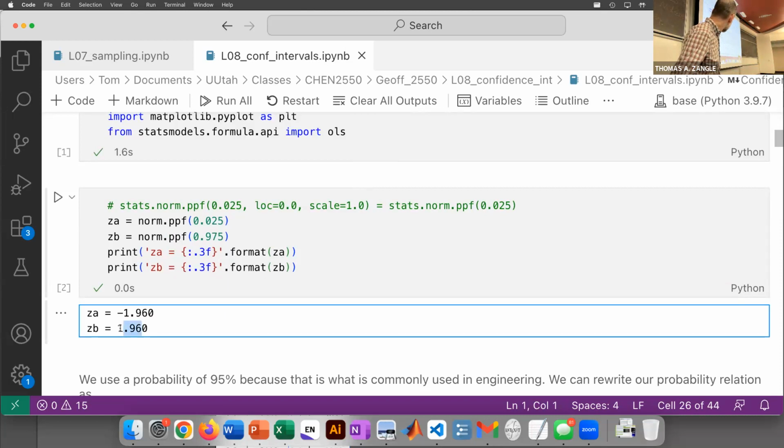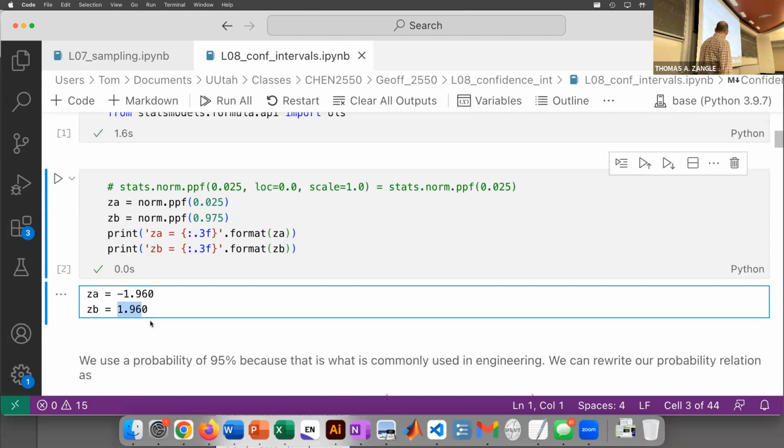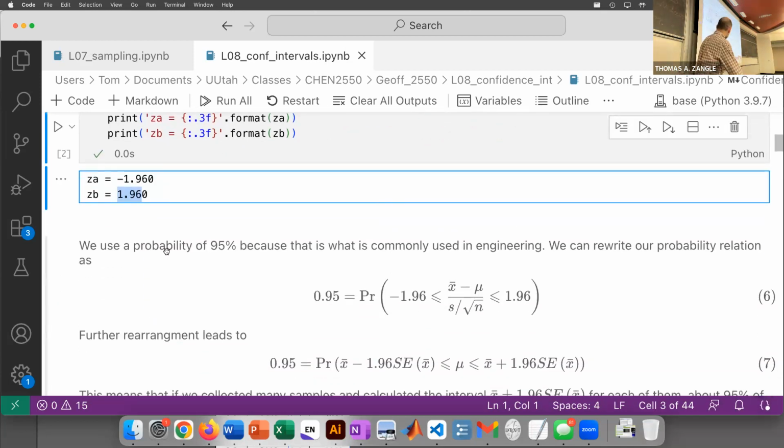And we end up showing that for z-scores of plus or minus 1.96, 95% of the area underneath our normal distribution lies between z-scores of negative 1.96 and positive 1.96. These numbers will come up quite a bit, because oftentimes we use a probability of 95% as just a handy way of indicating that something is likely.